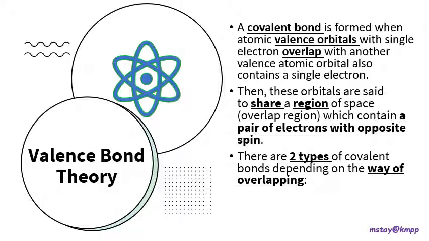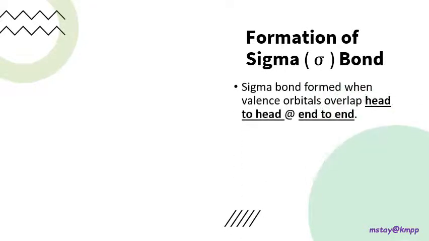However, there are two types of covalent bonds depending on how they overlap. First, sigma bond. Second, pi bond. Now is the time to look at the formation of a sigma bond. According to valence bond theory again, a sigma bond forms when valence orbitals overlap head to head or end to end.